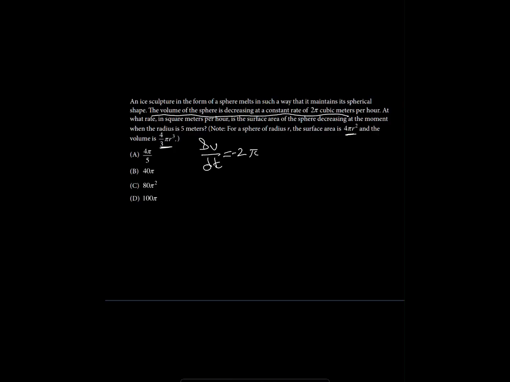Now, after this, we can go ahead and take in our second number, which is the radius, which is 5 meters. So we can say r equals 5.